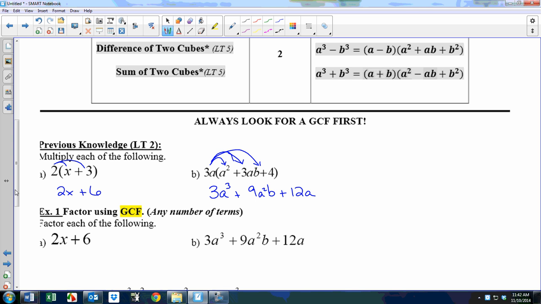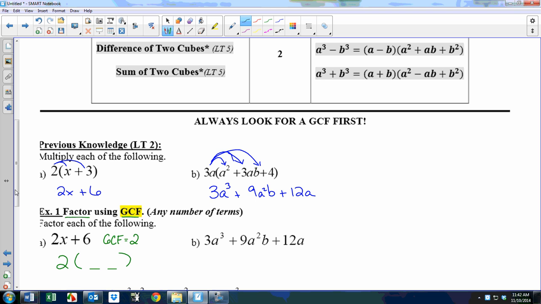All right, so in this factoring using the GCF method, letter A, 2x plus 6, what is the GCF of a 2x and a 6? In other words, what do they have in common? They have a 2 in common. So you take that 2, and you take it out of the 2 items that were there.